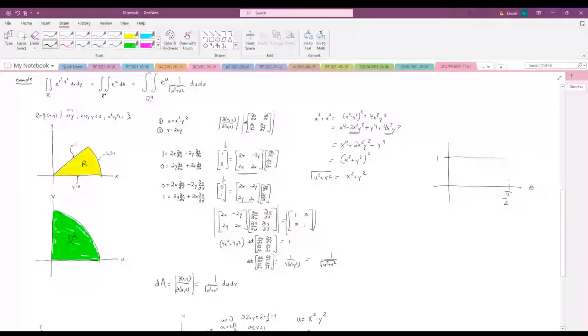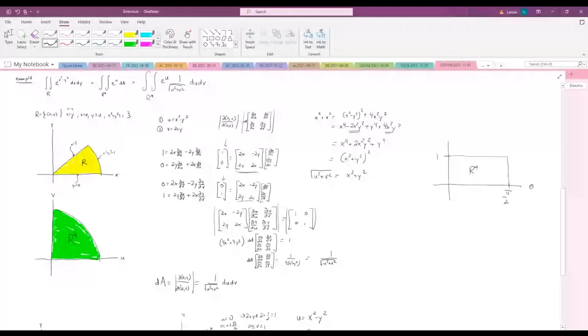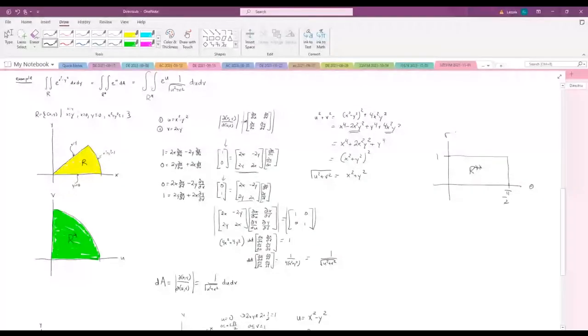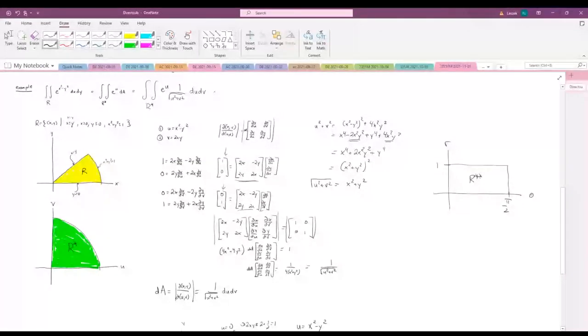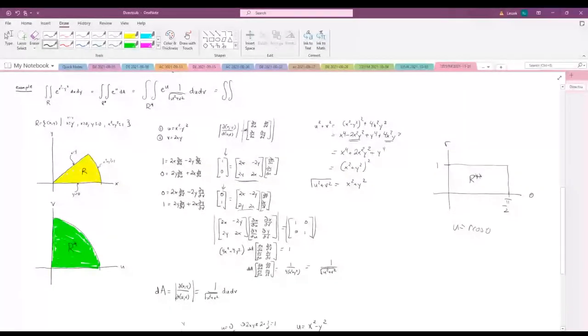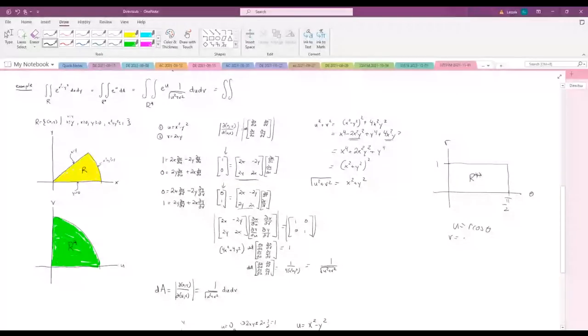Let's call it R double star, right? It's in the r theta plane. So that becomes e to the u, where u is going to be r cosine theta, and v is going to be r sine theta.